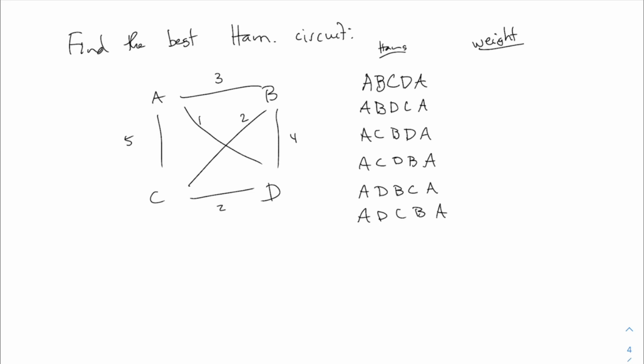Anyway, I will notice straight off that some of these are the reverses of the others. For instance, I have A, B, C, D, A. If I read that backwards, it's A, D, C, B, A, which is down here. So that last one I don't really need to consider because it is just the reversal of the first one, and so you don't have to spend your time adding the numbers up for that one. Also, A, B, D, C, A's reversal is here, A, B, D, C, A backwards.